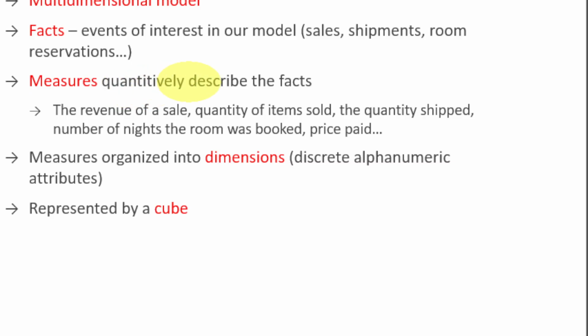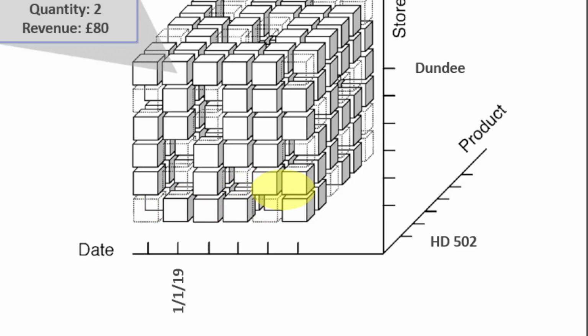Measures are quantities that describe the facts: the revenue of sale, quantity of items sold, the quantity shipped, number of nights the room was booked. Measures are organized into dimensions, discrete alphanumeric attributes, all represented by a cube. This is a cube. For example, you have product, you have store, and you have date. The cube is three-dimensional.